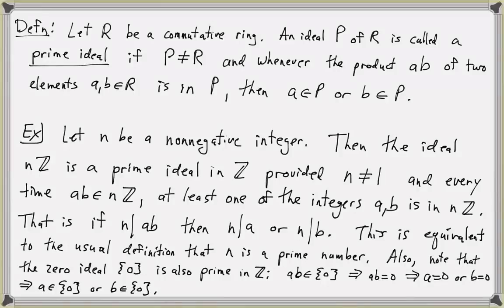So the prime ideals of the ring of integers are the zero ideal and pZ, where p is prime.